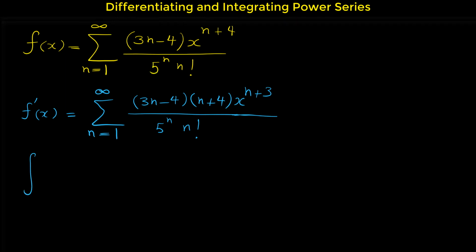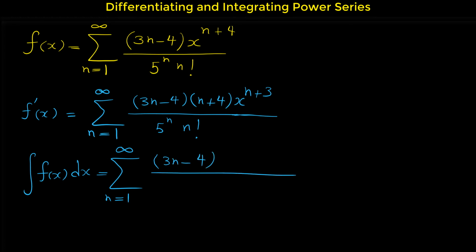And the integral of the function f of x dx is the sum from n equals 1 to infinity. We have to write the constants first, and we have to integrate only x to the power of n plus 4.